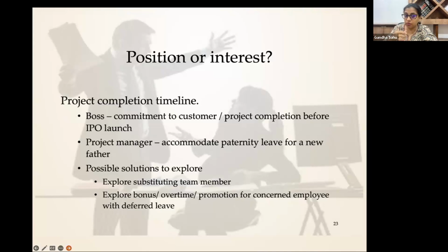Whereas the project manager could have a lack of staff to support him, or need to accommodate paternity leave for a new father, and there are possible solutions if you know the reason behind it. Now just imagine that there is a fight over the period. If you continue fighting over the period, what will happen?